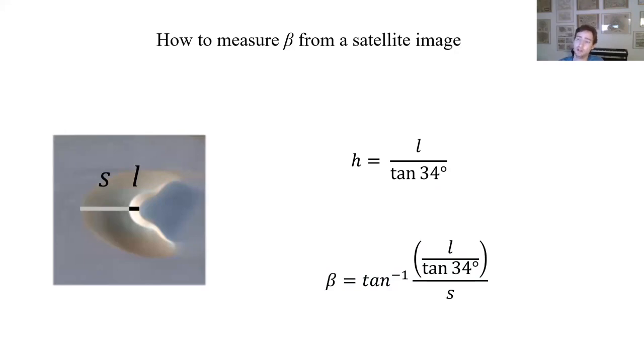So if we know the angle at which the forward-facing side sits, then we can calculate the height using this top equation here. And we can use the height to calculate the windward gradient by using an inverse tangent function. That's really nice, because this sine of beta shows up in all our different equations. So if we can measure it, then we can use that to validate the equation, right?